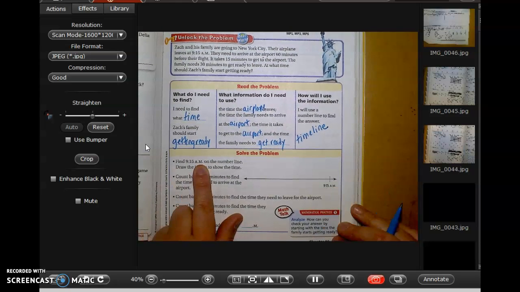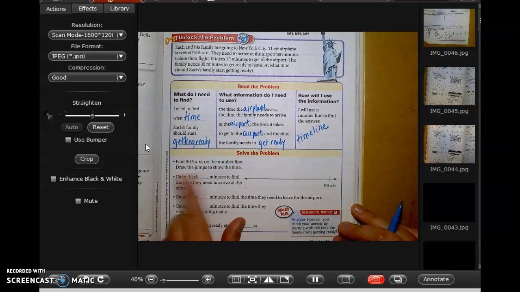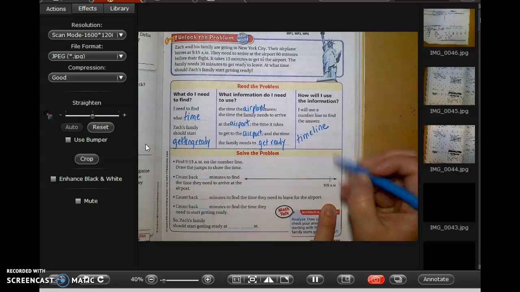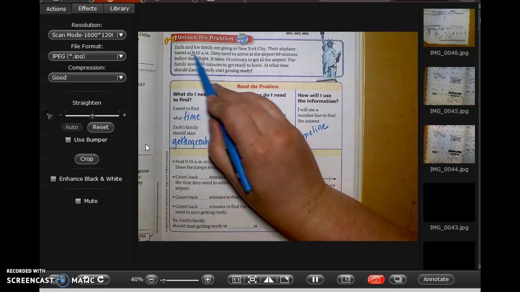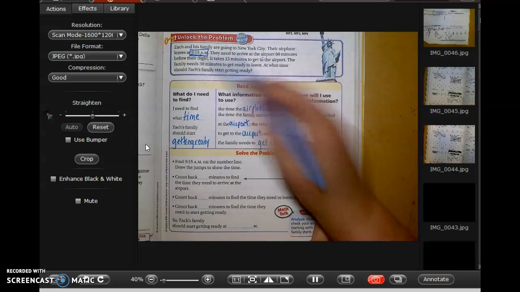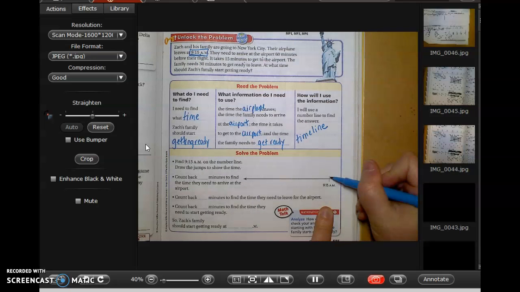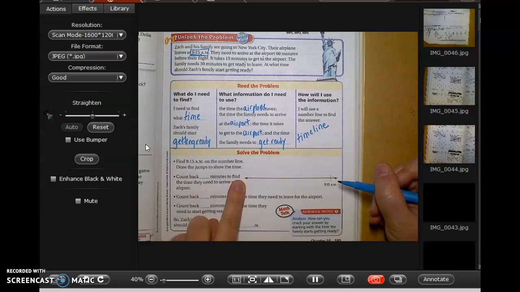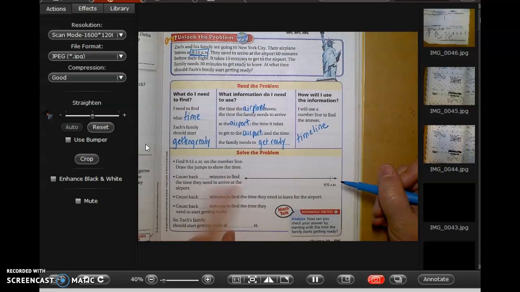Find 9:15 a.m. on the number line. Draw the jumps to show the time. So 9:15, that is the time the airplane leaves. But they know all these times beforehand. So we're starting over here because that's when it leaves. Now, count back 60 minutes to find the time they need to arrive at the airport.